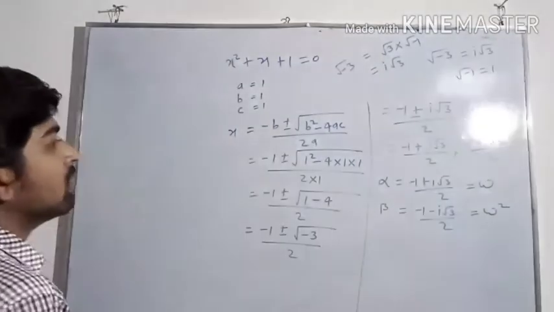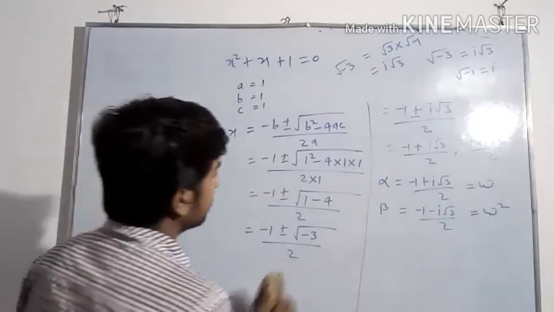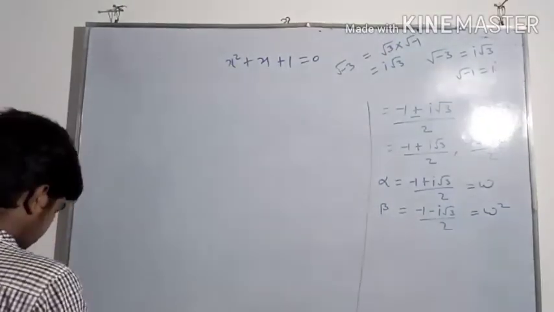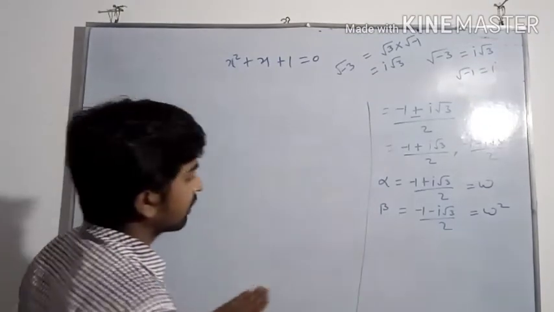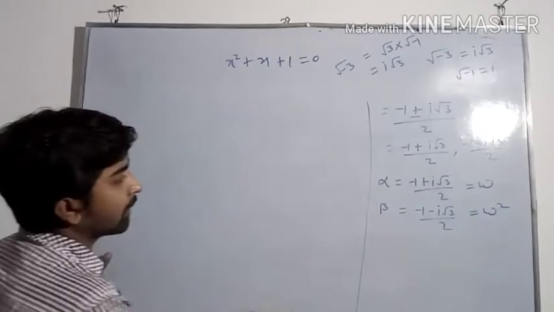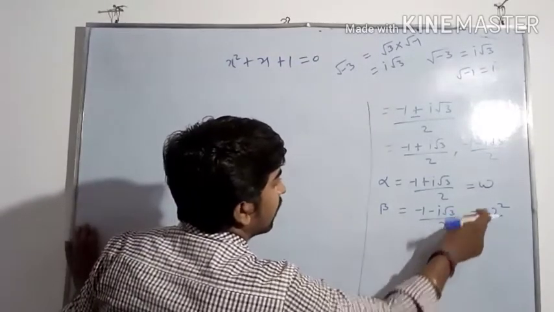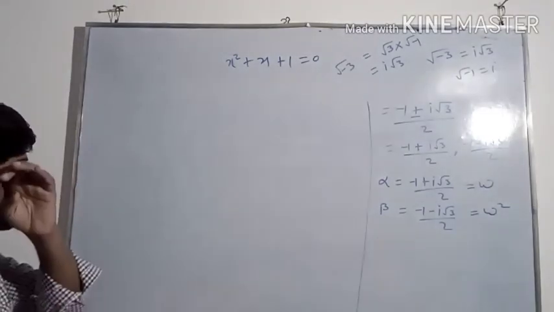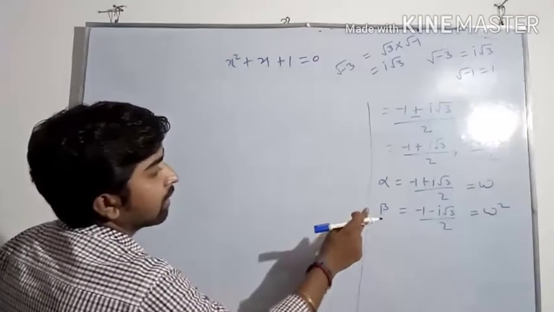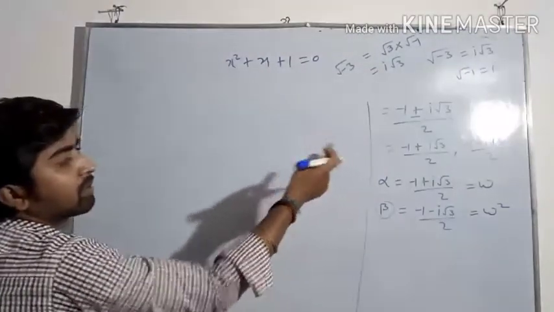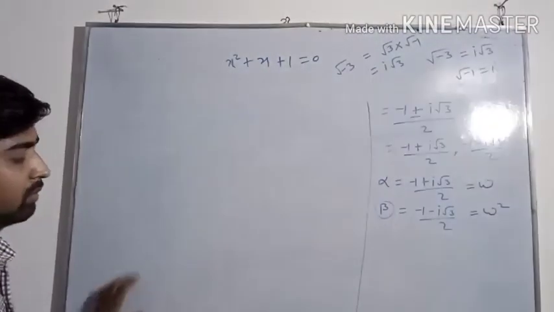Students, omega square is the square of omega, which means alpha is the square of beta, or beta is equal to the square of alpha.